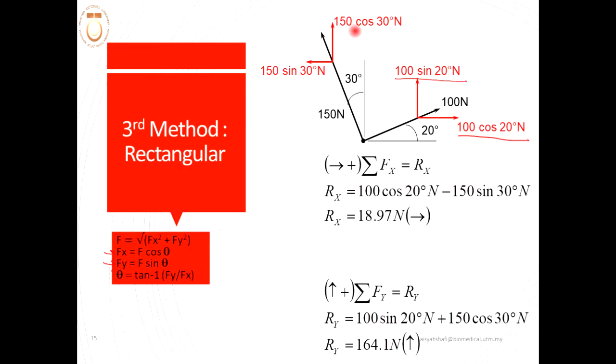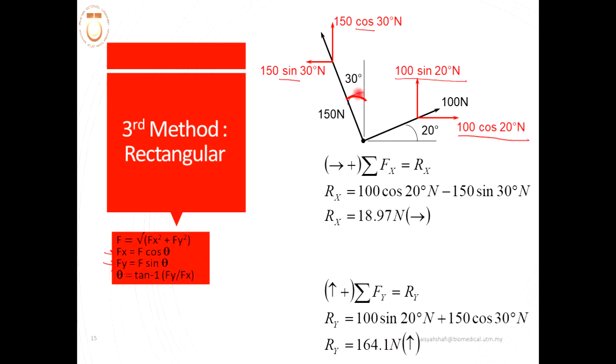Okay, for this one it is a bit different. Here Fx is cos, Fy is sin. But for this one, Fy is cos and Fx is sin. Why like this? Because the angle is here.